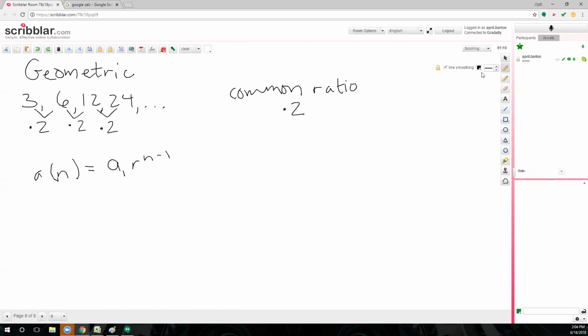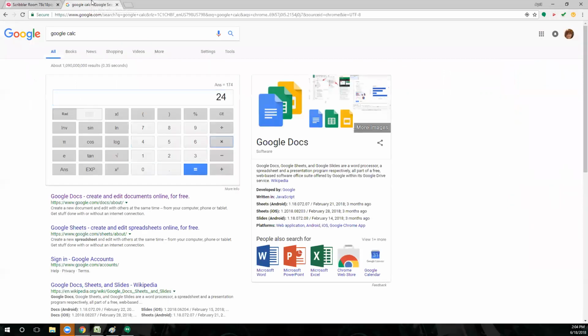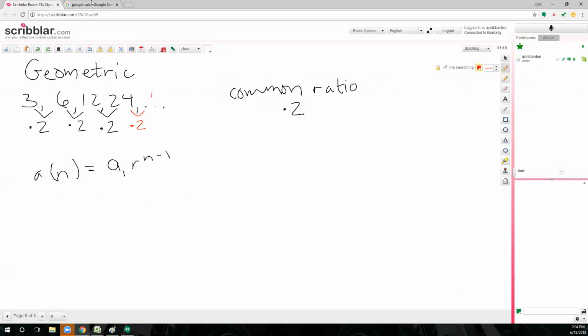Again, we can answer the same types of questions. Maybe they just want the next term. If we want to multiply by 2 again, we can get the very next term, which is 48. Or we can be asked to find an equation, or we can be asked to find a certain term.